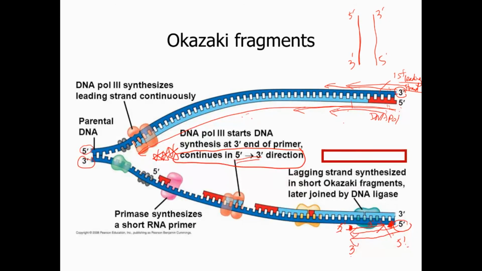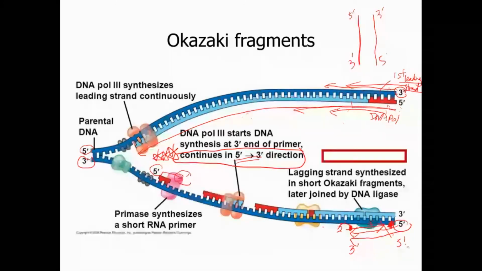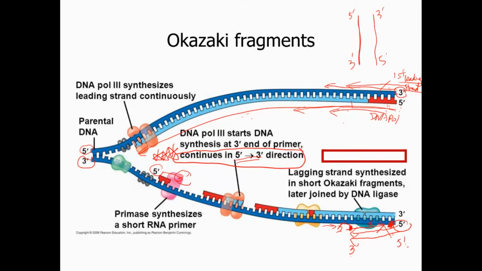So that means once the DNA is unzipped, the new DNA strand has to go from 5 to 3. Okay, see my drawing here, 5 to 3. So it cannot grow from 3 to 5 because that's not how DNA polymerase works. It has to go from 5 to 3. So that means the DNA polymerase has to jump ahead a little bit.